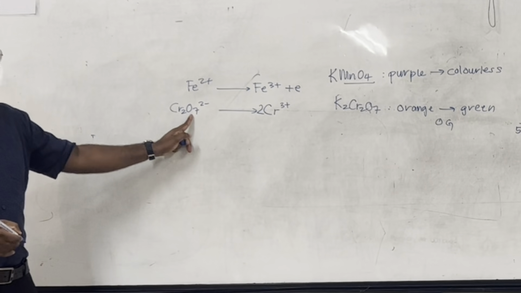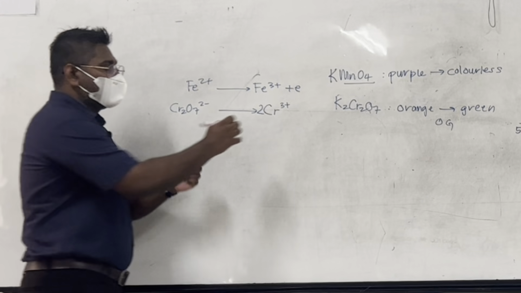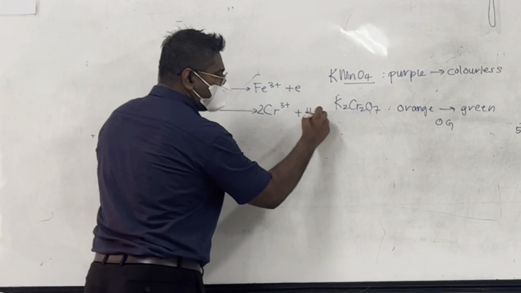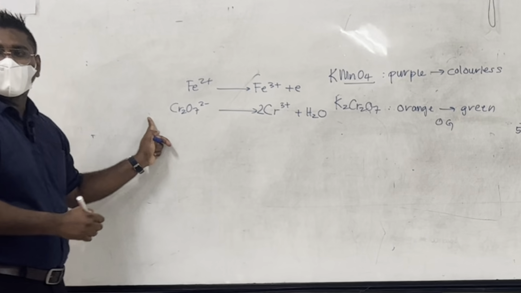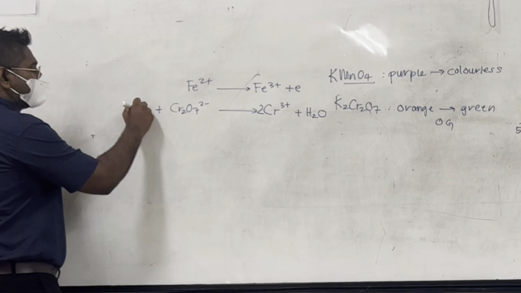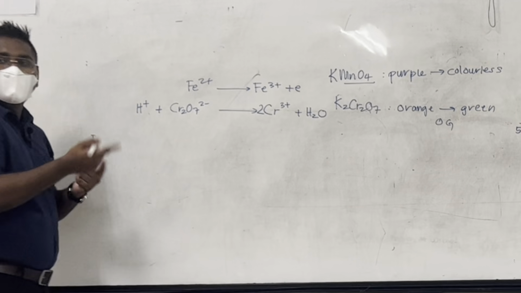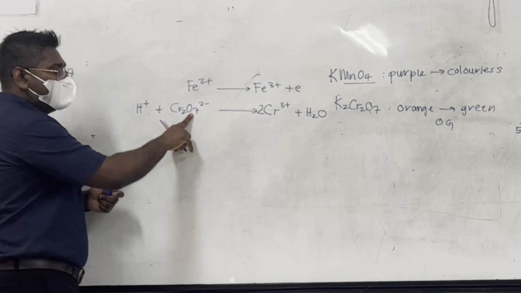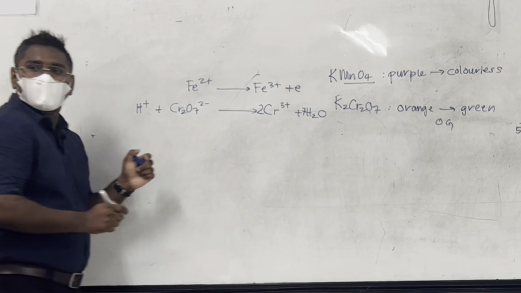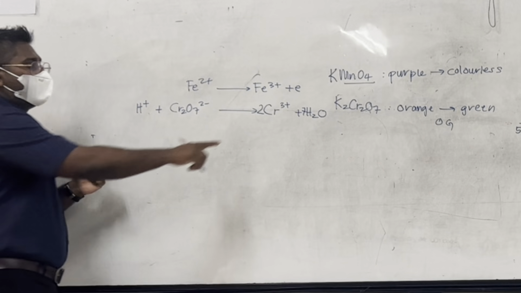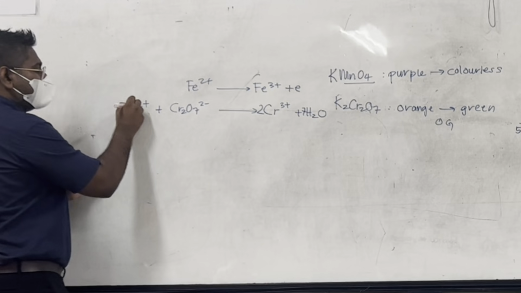Next, there is oxygen. You are not going to get O2 here, you will get H2O. So here, you put hydrogen ion. Now you balance. How many oxygen? 7, so I put 7 over there. How many hydrogen? 14, so I put 14 there.